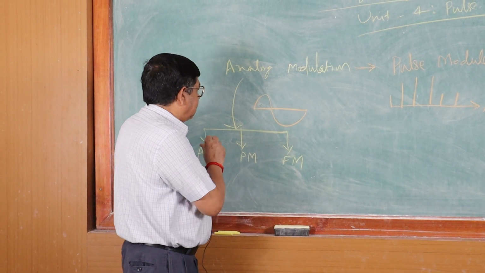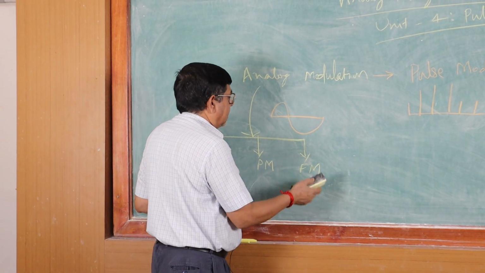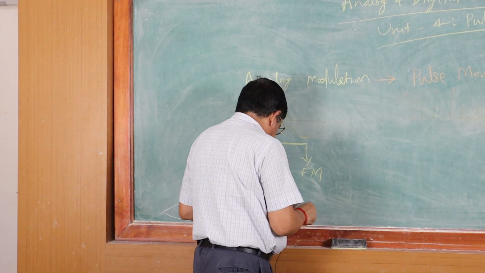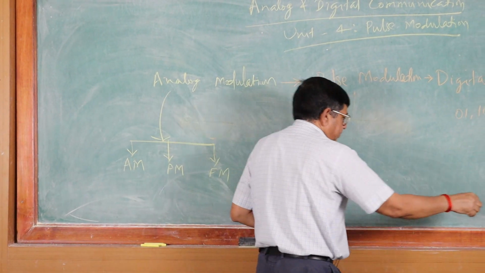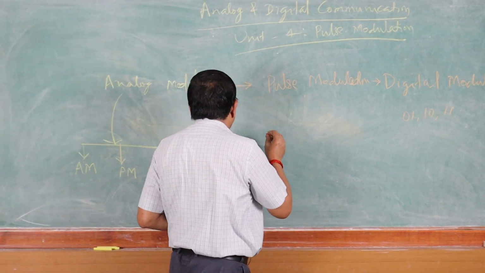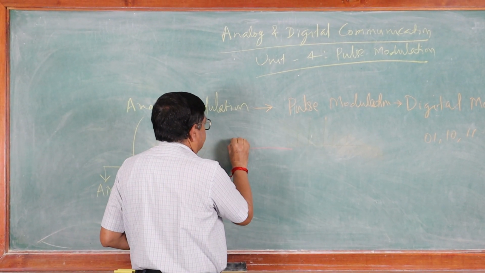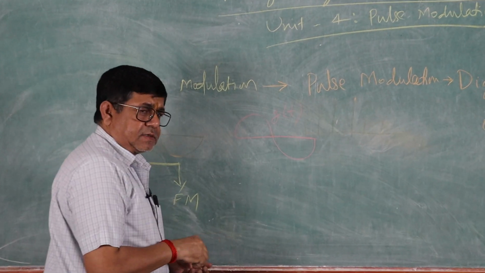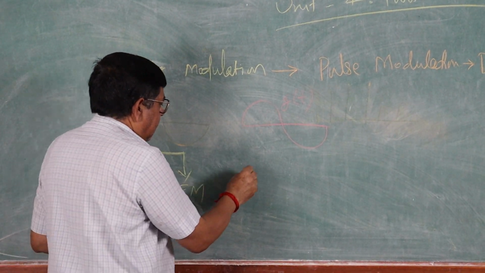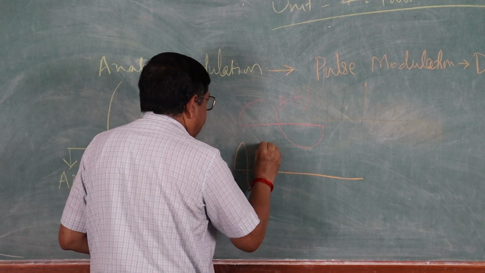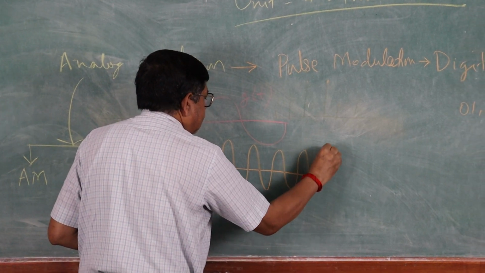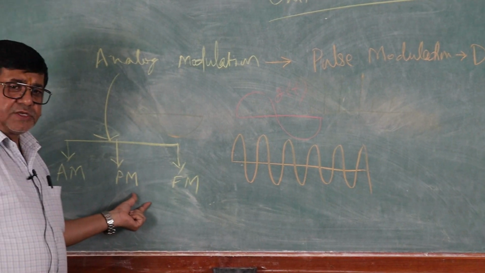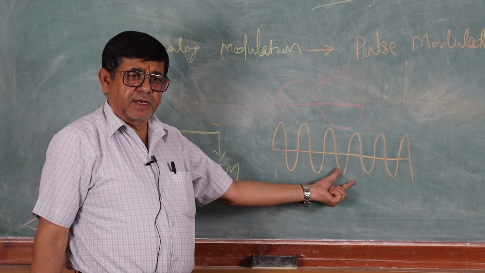in a continuous time signal, let us say this is the message. This is the message g(t), which is continuous, and we are using a carrier which is also continuous. Then we get, as per the type of modulation technique, some change in the carrier signal.